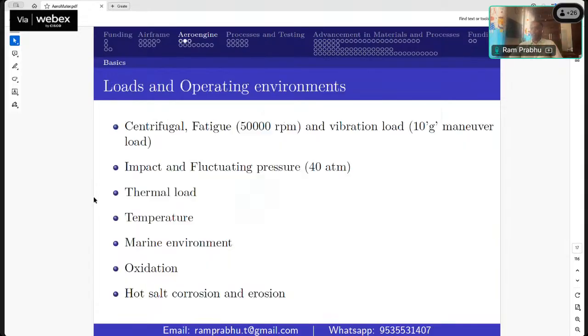But if you look at the kind of operating conditions or environment a typical aero engine experiences, you can see that usually there is low cycle fatigue, which is contrary to the airframe where there is high cycle fatigue. High centrifugal force and vibration loads lead to fatigue as a major failure mode at higher temperature in the aero engines.